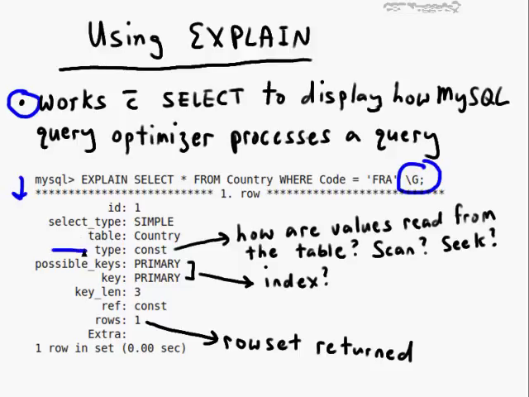Type is probably one of the 2 or 3 most important fields, because type is going to give you how the values are read from the table. And to give you just a very quick overview of the query optimizer, the worst way to pull back rows from your table data is to perform what's called a table scan, where MySQL has to go literally row by row by row through your table to pull back your data.